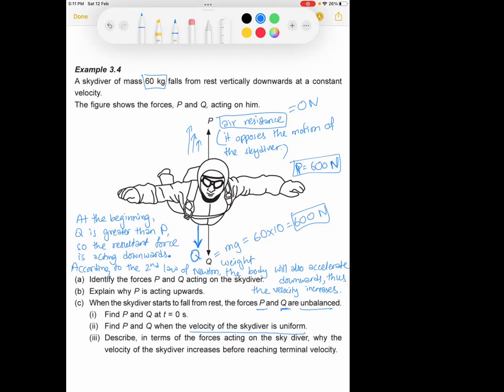I think now it's clear, right? Okay, this is the answer for number 3.